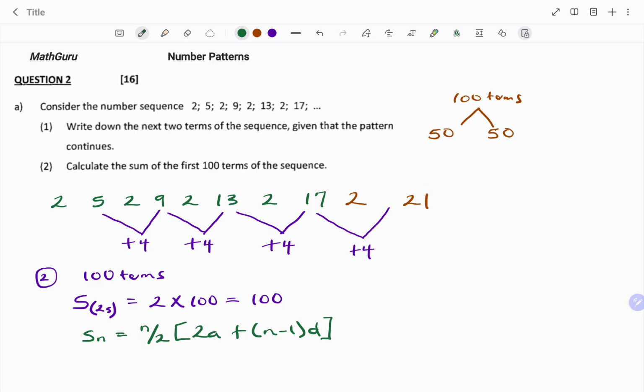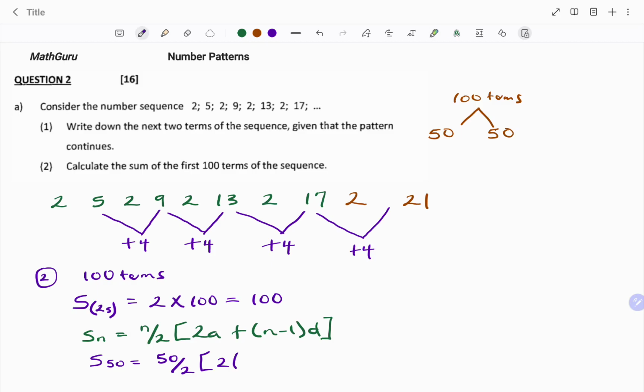Note that because I know that I have 50 terms left, so that's going to be S50 equals 50 over 2 in brackets 2 times the first term. In this case it is not the first term of the pattern, but the first term of the rest of the pattern, starting from 5. So my first term will be 5.